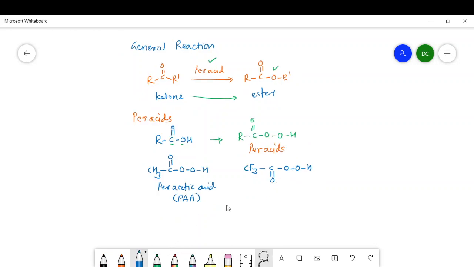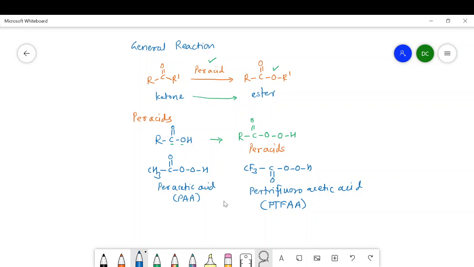The name of this compound is trifluoroperacetic acid, and the short form is PTFAA, per trifluoroacetic acid. These are the per acids that are obtained by replacing the R group by an alkyl group.